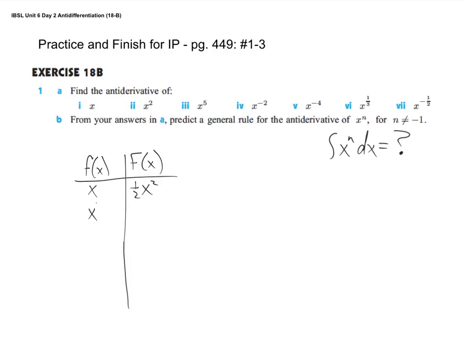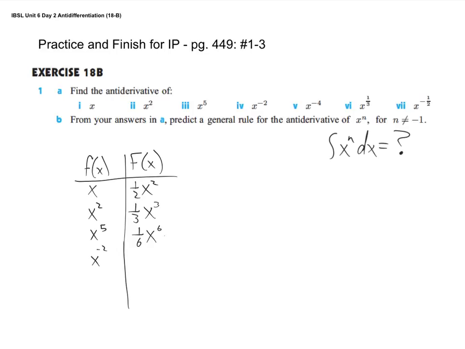If we have x squared, what did you get? 1/3 x cubed, good. How about x to the 5th? x to the 6th over 6, or 1/6 x to the 6th.